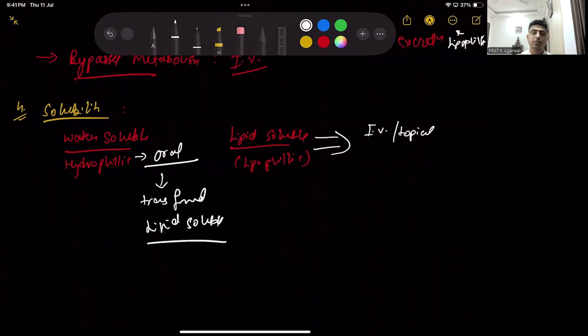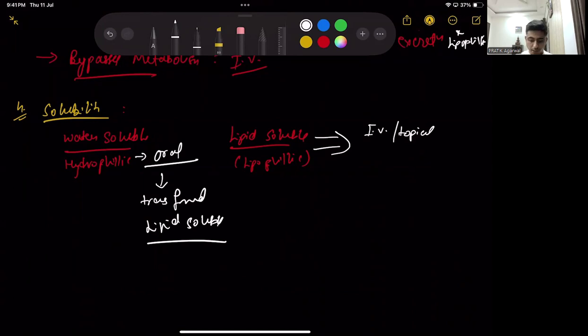When it gets transformed to lipid soluble, then it's able to get into the cell membrane and into the cell to show its effect, right? So that is why first pass metabolism and bypass metabolism become a factor when we are giving a drug, right? That we need to crack the drug, or we don't need to convert the drug.